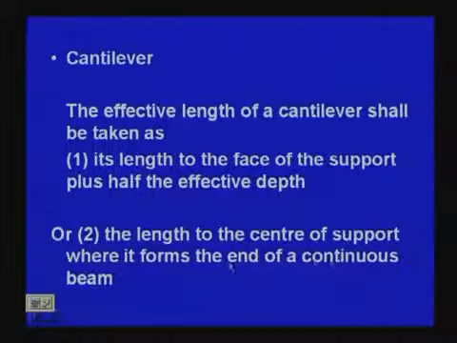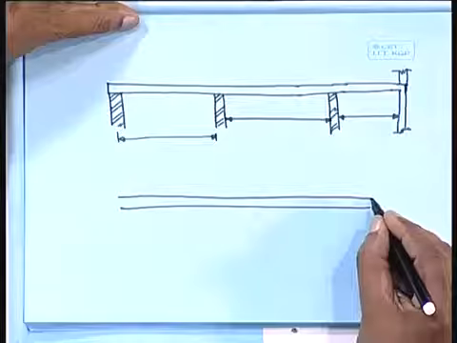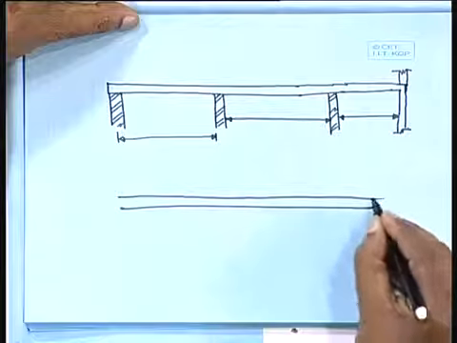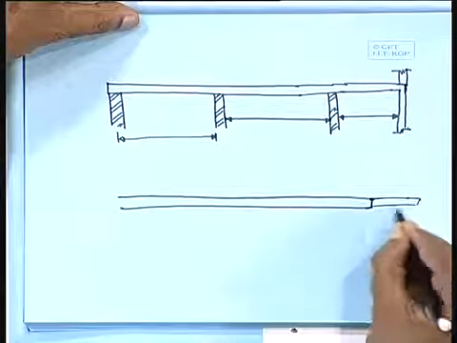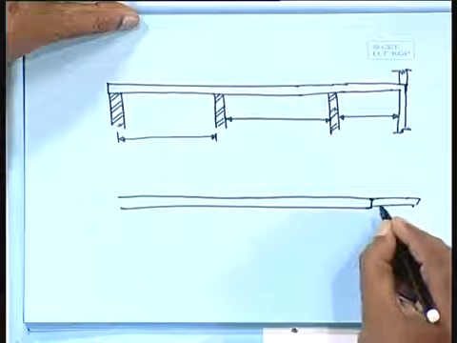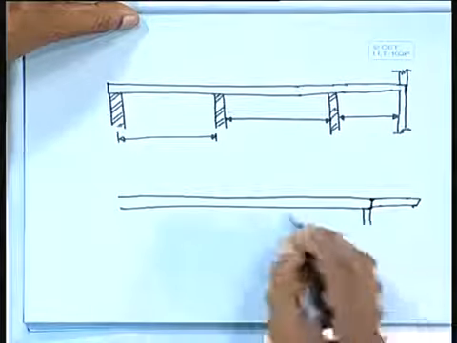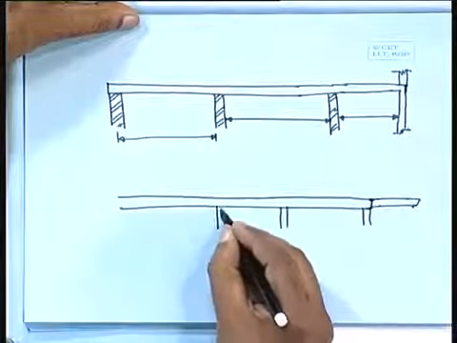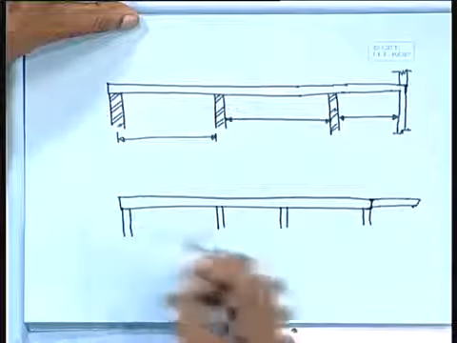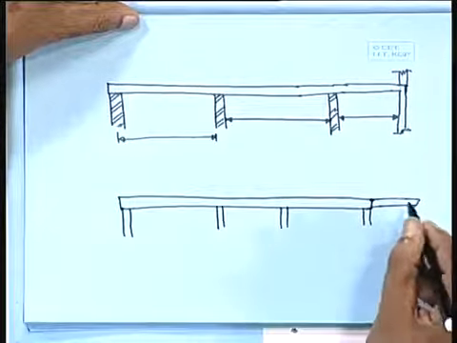So when it is a continuous beam, that means here if we take a problem like this, in this case what will happen, we shall take this portion as a continuous beam, and at the end we are talking about a slab.